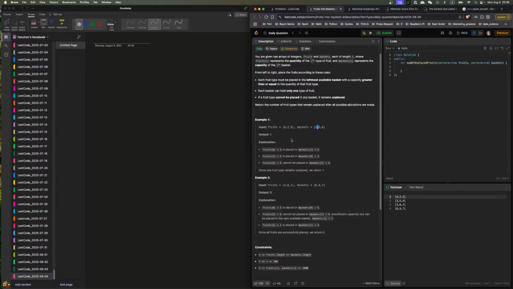I think a stack? Would a stack work? A leftmost, a stack? I don't think so.